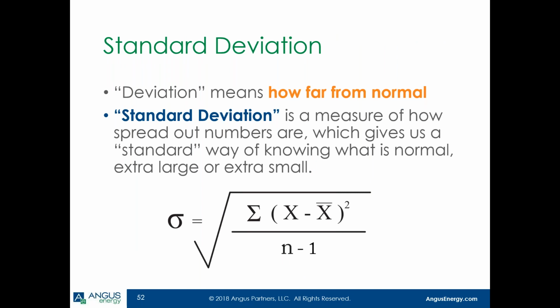So I'm going to put this slide up, which confuses people very often. That is the actual formula for standard deviation. I just want to explain standard deviation a little easier for everyone.